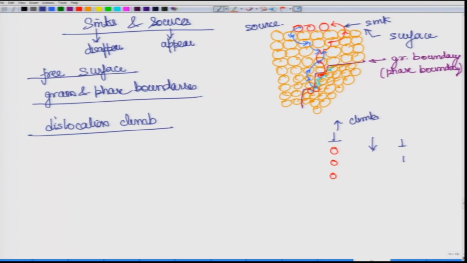So, whatever vacancies were in this region, they get consumed, and this is a sink of vacancies. So, when it is moving down, it acts like a sink, and when it is moving up, it acts like a source. So, this is another way that vacancies are generated or consumed.